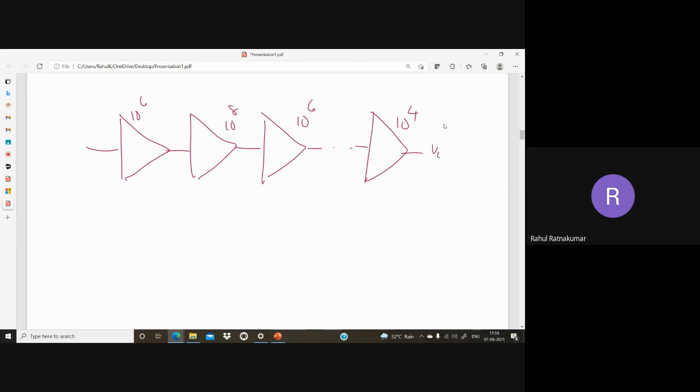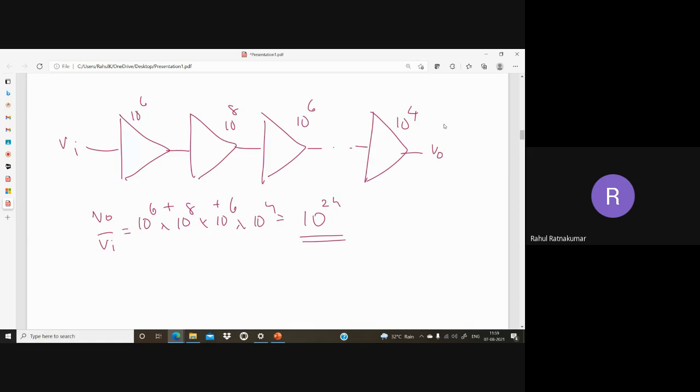This is V output divided by V input, which is the multiplication of all these gains. So we'll multiply 10 raised to 6 into 10 raised to 8 into 10 raised to 6 into 10 raised to 4, and we start adding the exponents: 6 plus 8 is 14, plus 6 is 20, 24, something like 10 raised to 24. So this is a big number.